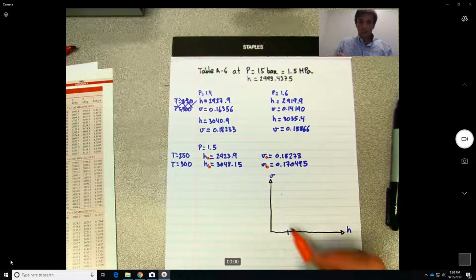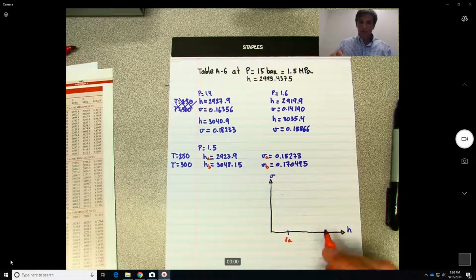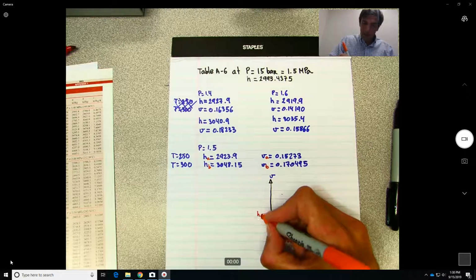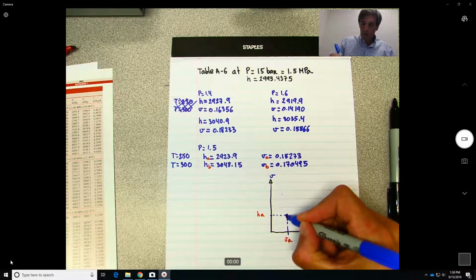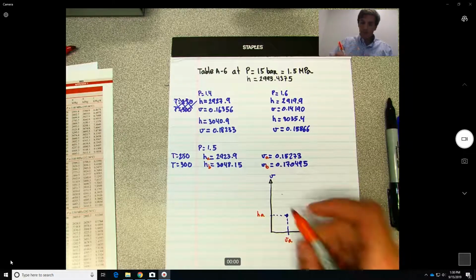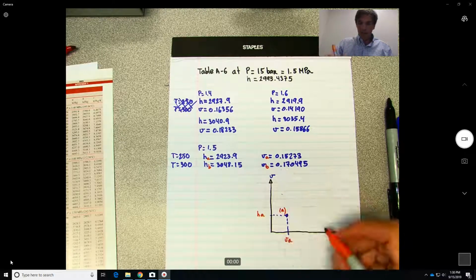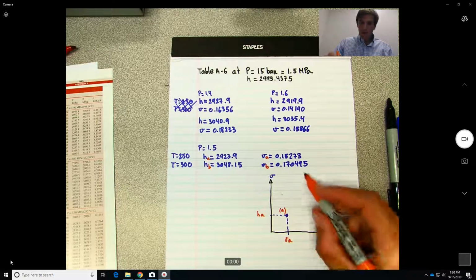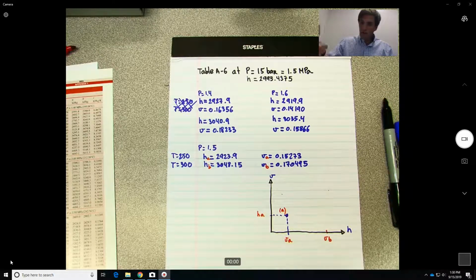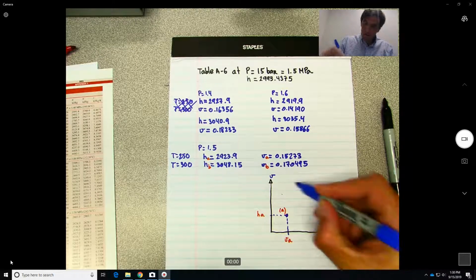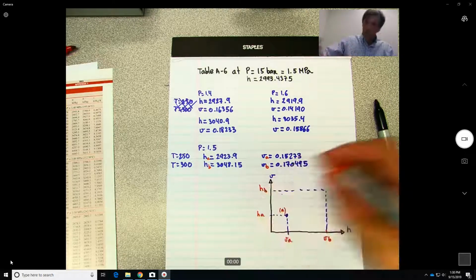All right, so for VA, this would be VA, and this would be HA. Say there would be a point here, A. Then we have VB, which is higher, and HB is also higher, so let's say we are here. This would be HB.